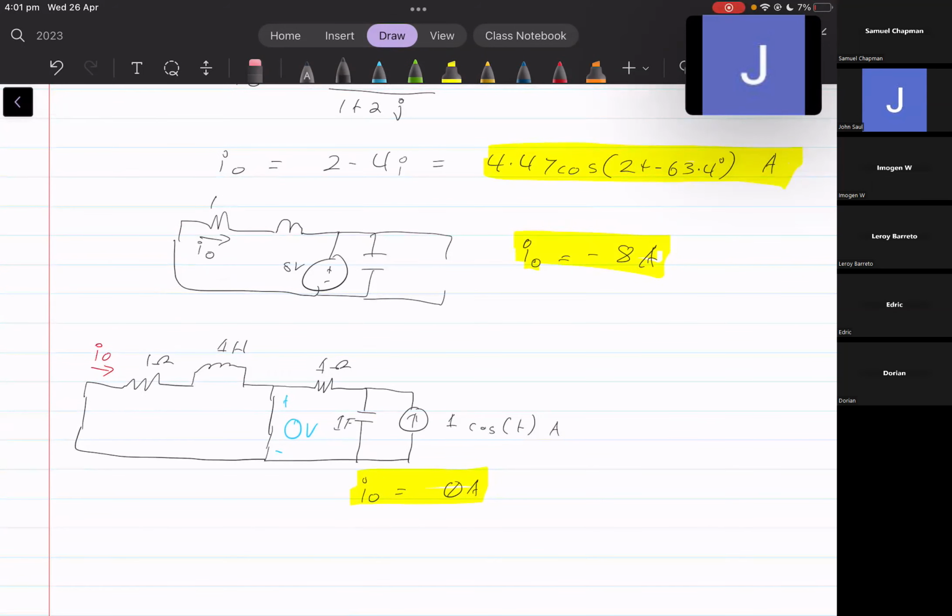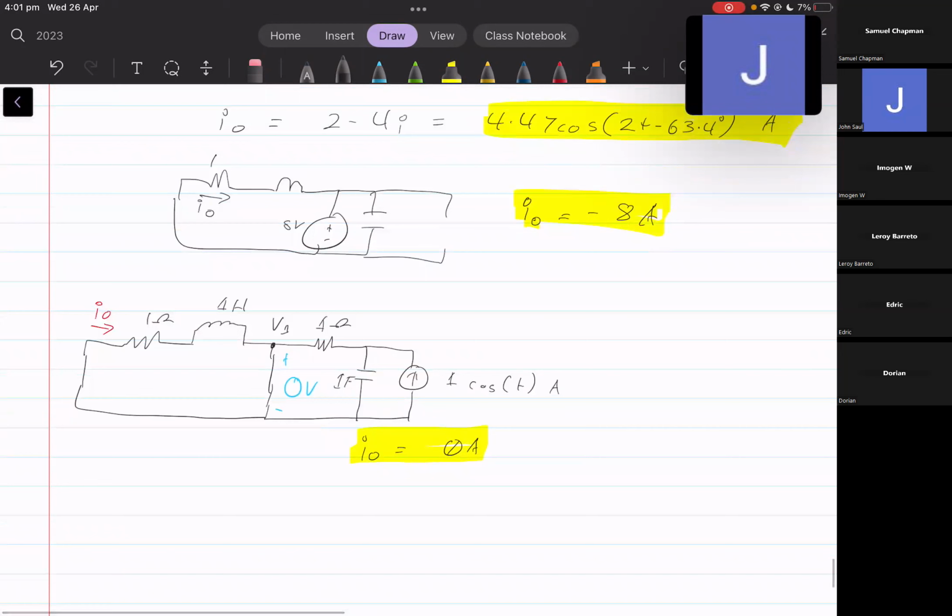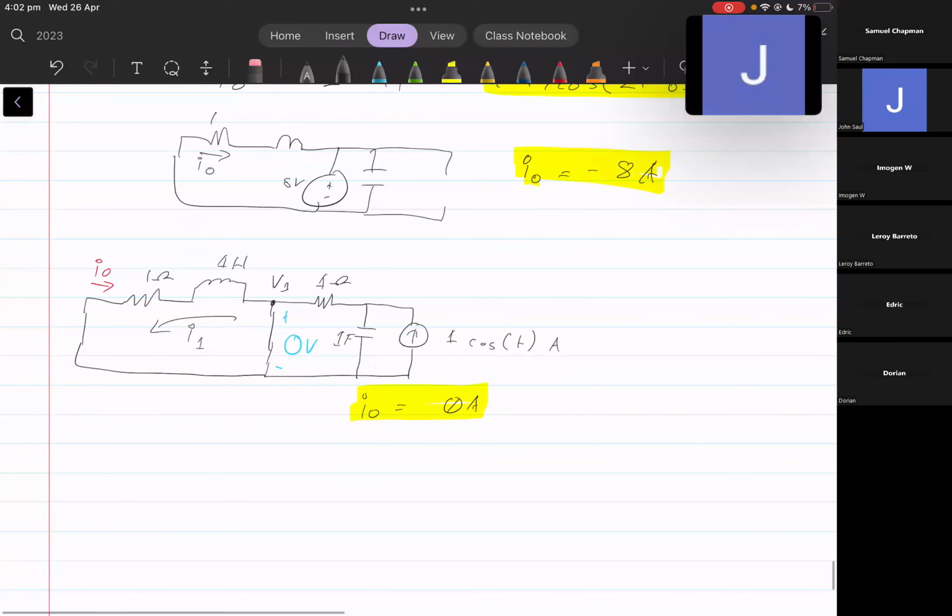If we call this one V1, and the current here I1, then I1 is equal to V1 on 1 plus j omega.